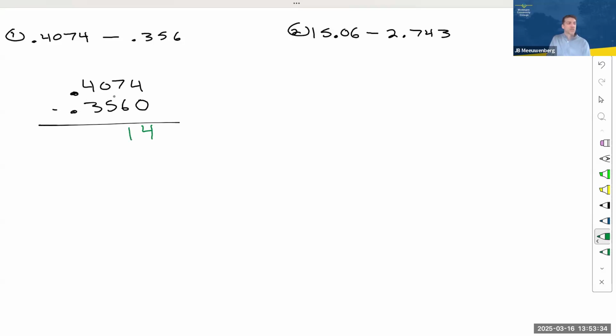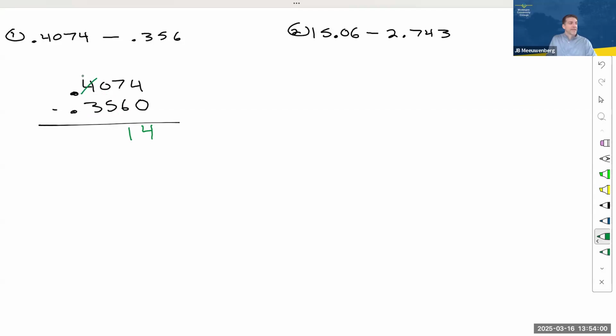We can't do our subtraction here, but we can do a little borrowing. Now, some people notice right here, if you view this as 40 hundredths and this is 35 hundredths, you might just recognize that 40 minus 35 is 5. And you can do that subtraction right there. If not, that's okay. We can still do our regrouping.